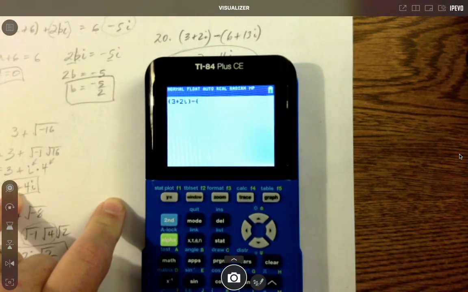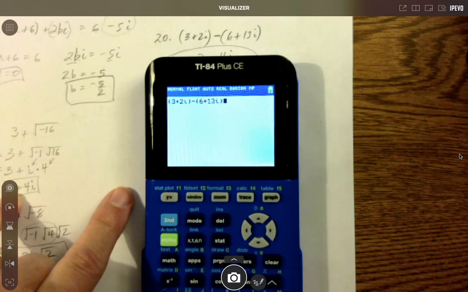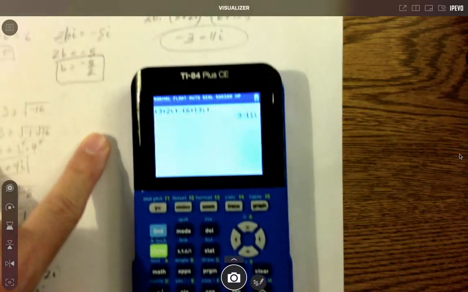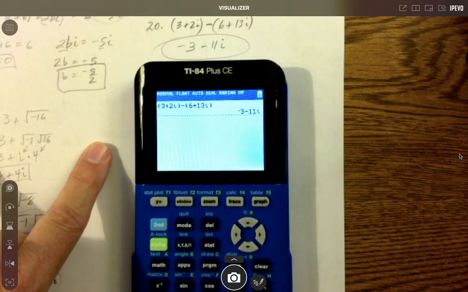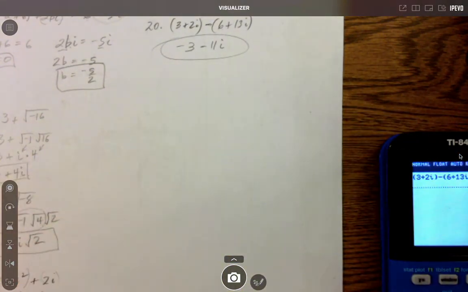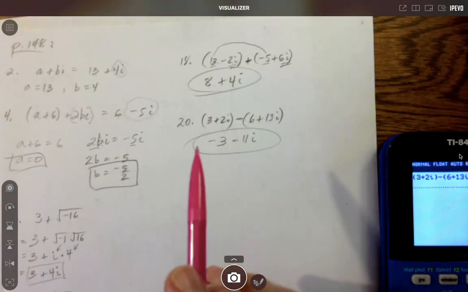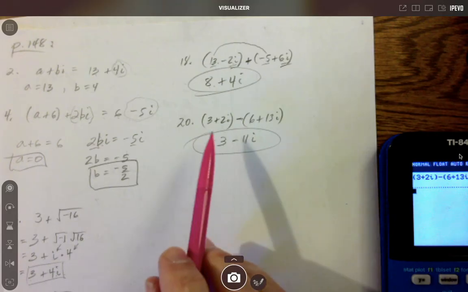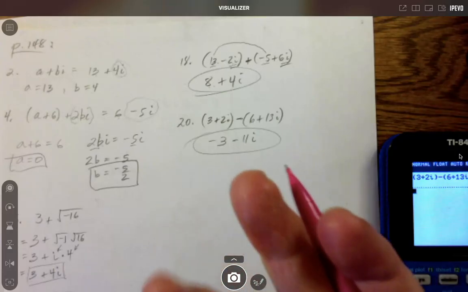Minus 6 plus 13 second decimal. And then, see, it gives me negative 3 minus 11i. All right, so you can always fall back on that. If you want to be super careful and you're allowed to use your calculator, you have that ability. Okay, so that was 20. And that's all there is to that.